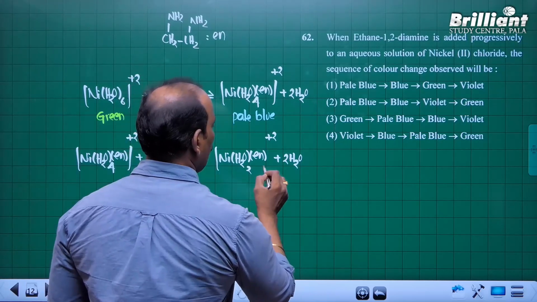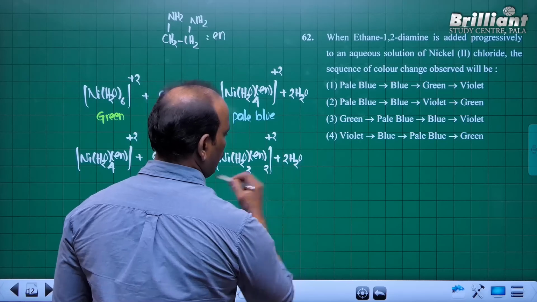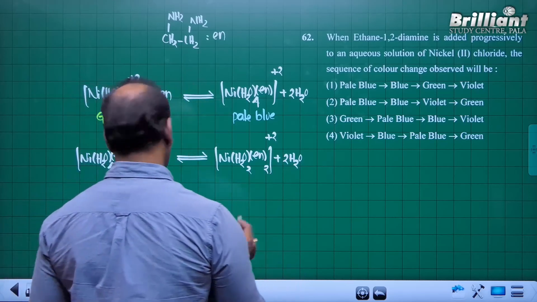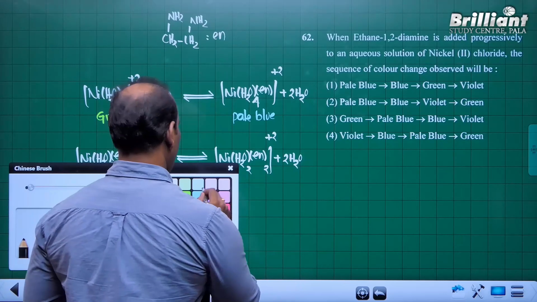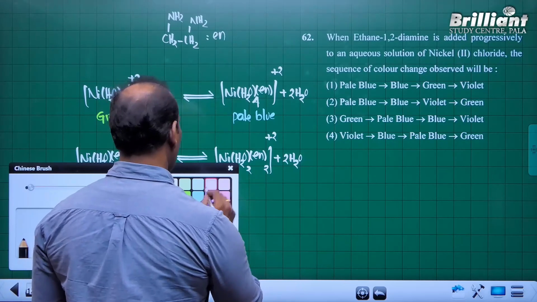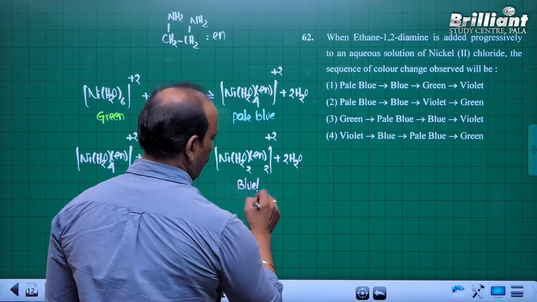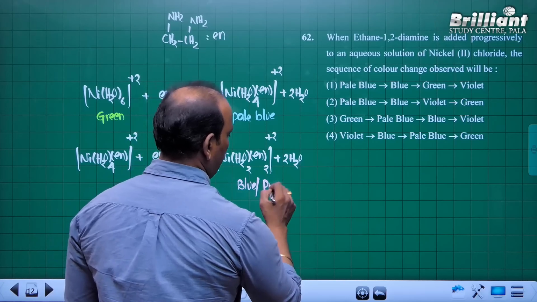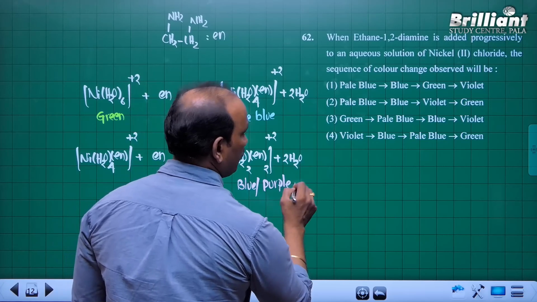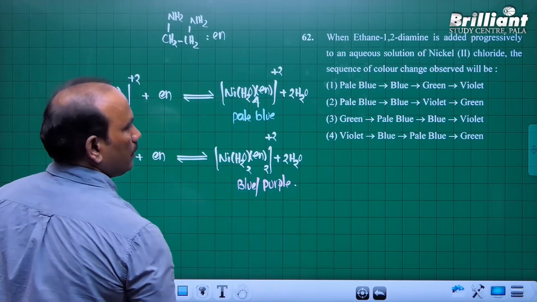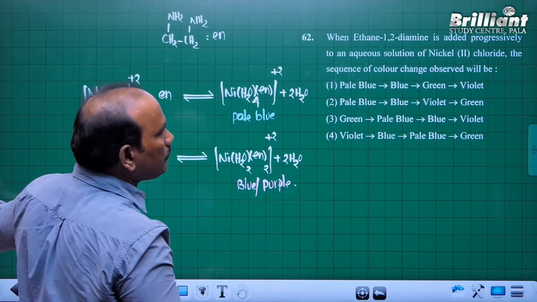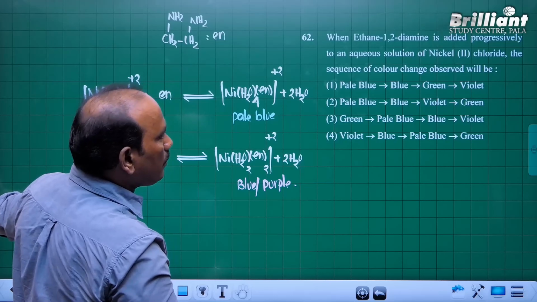Now this color is blue or purple. So the sequence is green, pale blue, blue.